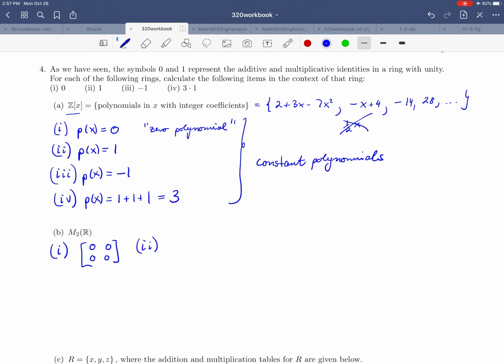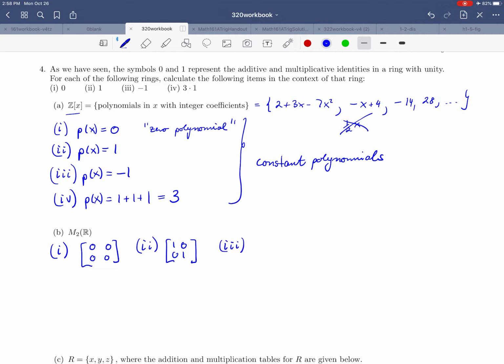And what does unity look like? So that has to be a matrix that if you multiply it by any other matrix, you just get that other matrix back. So that is the identity matrix. So if you multiply any other 2x2 matrix by the 2x2 identity matrix, you just get that other 2x2 matrix back.